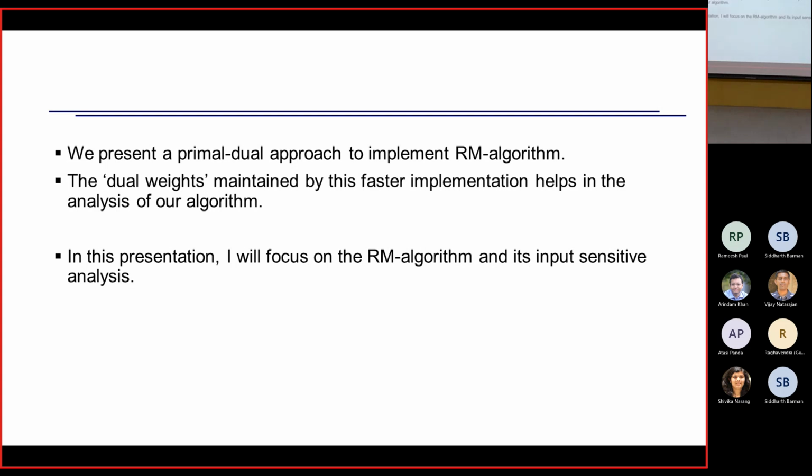The dual weights helped us identify properties that led to some of the results that I mentioned. So in many ways, the implementation of these algorithms could potentially play a critical role in analysis of this algorithm. That's the message I want you to take away. In this presentation, I'll be just focusing on the robust matching algorithm and its input-sensitive analysis. So that's where I'll expand most on. The other results that I mentioned, I'll briefly talk about them, maybe a slide or two.